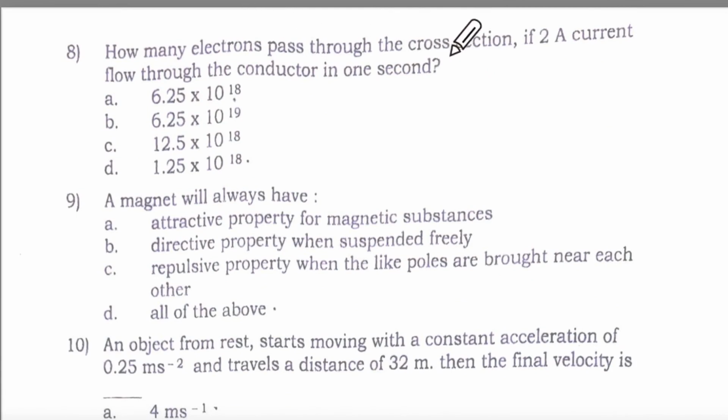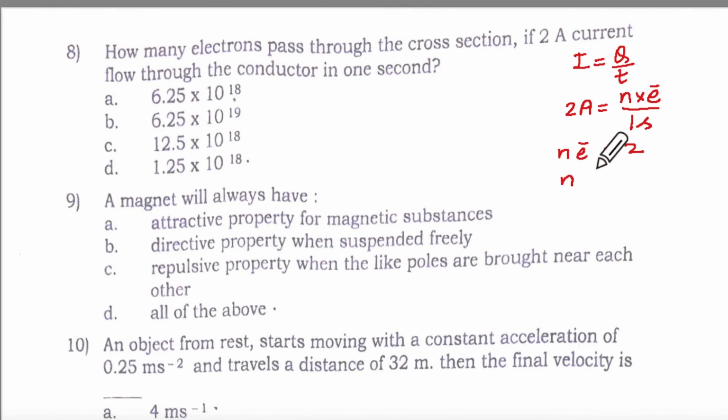How many electrons pass through a cross section if 2 ampere current flows through the conductor in 1 second? Okay, now how many electrons? So current has been given and I is equal to Q upon t, correct? So 2 ampere is equal to Q, meaning n multiplied by charge on 1 electron, upon time, meaning 1 second. So n into charge on 1 electron is equal to 2.